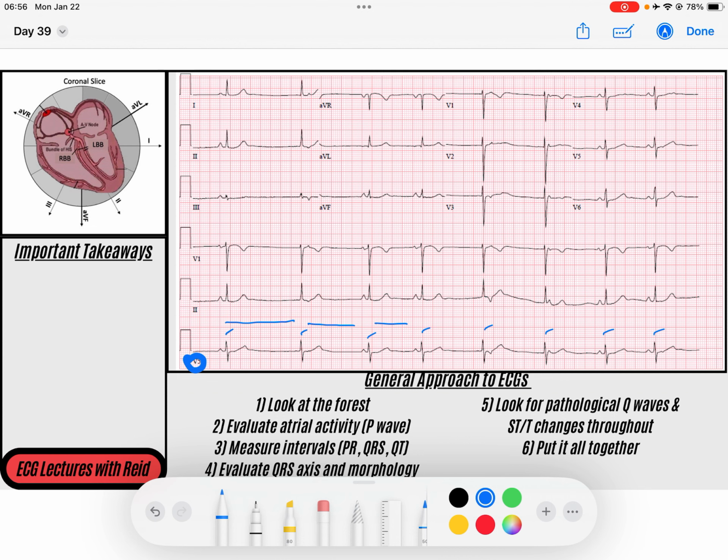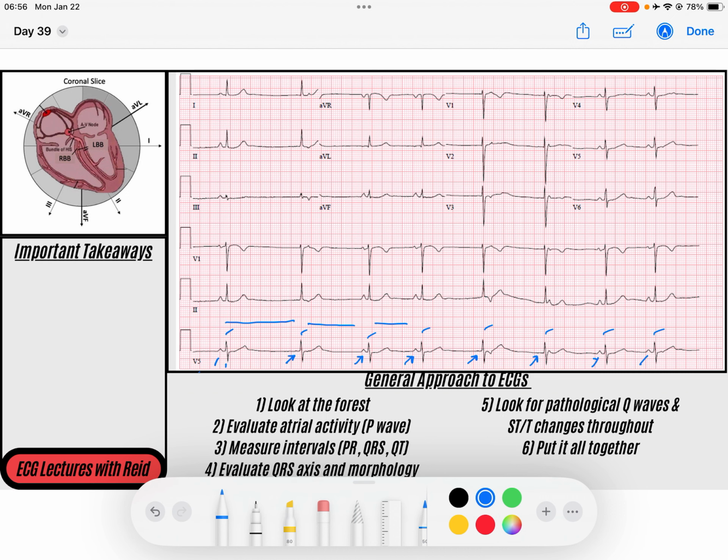Something I notice up front is that some of my beats have P waves and then QRSs, and then some of them have no P waves. I see P, no P, no P, and then I see P's and P's. So that makes me think that sometimes these beats are coming from our sinus node, sometimes these beats might not be. And so we need to work through that and see what's going on.